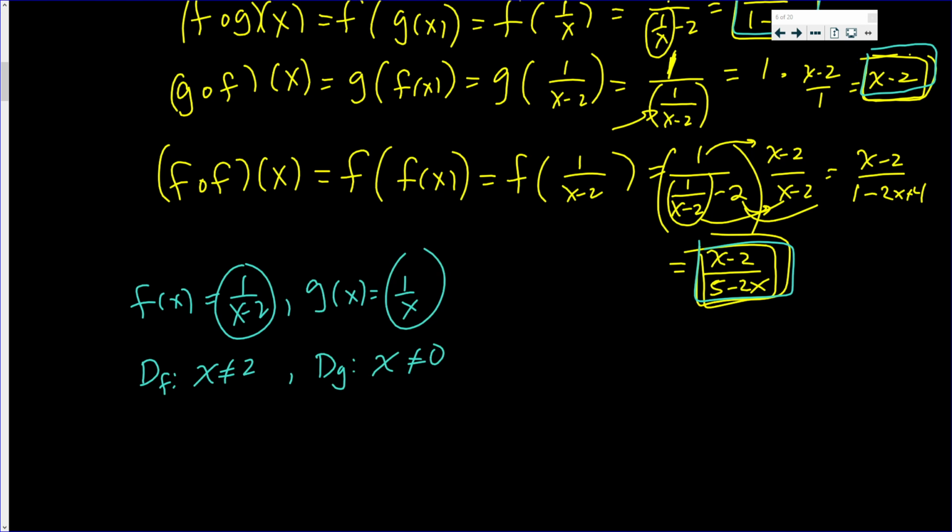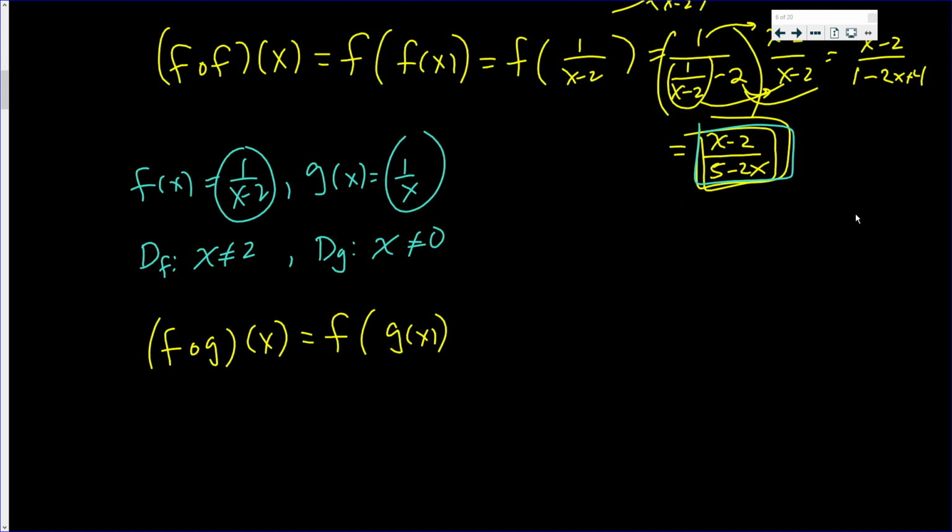So now, what is the domain of the f circle g function? Well, we're going to take f of g of x. What can we not take g of? 0. So we know that x cannot be 0. Okay. Now, we are taking f of what I underlined.